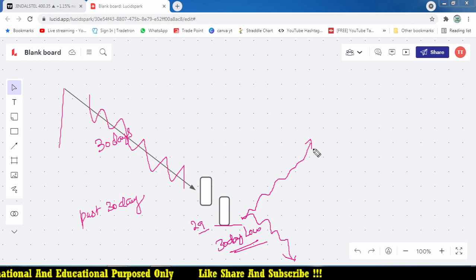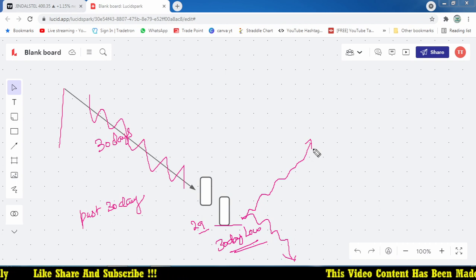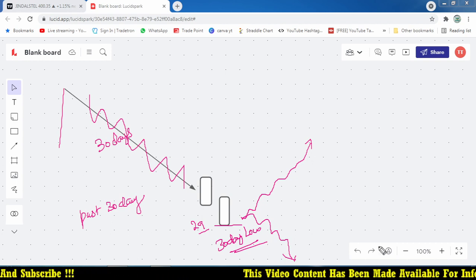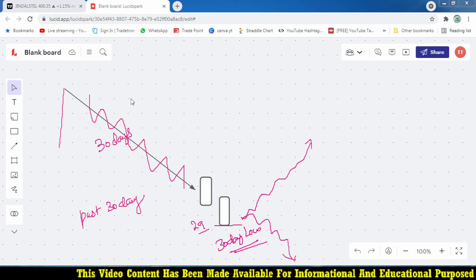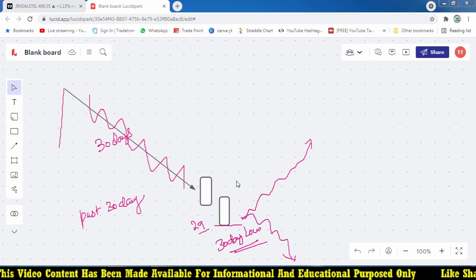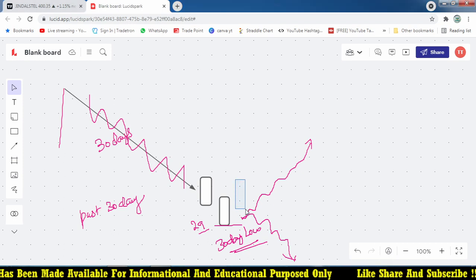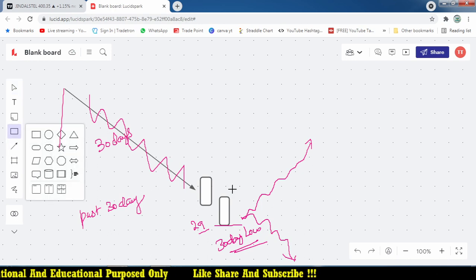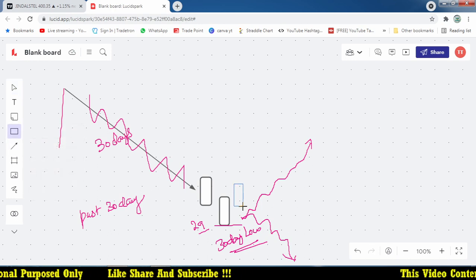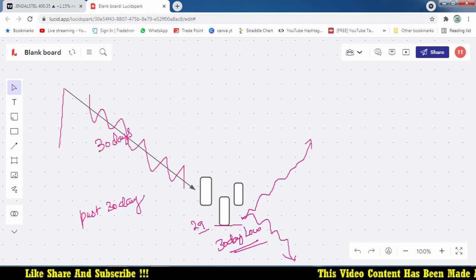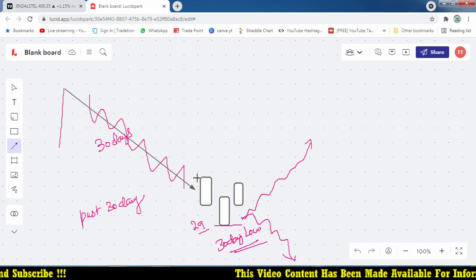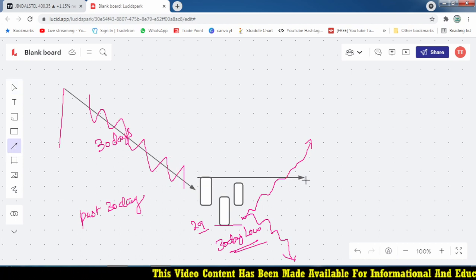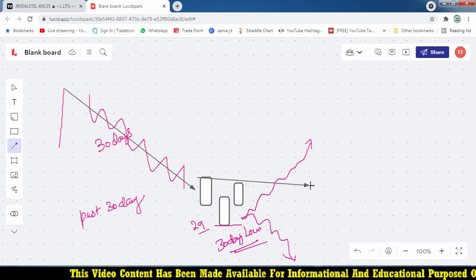How are we going to find that reversal? That is what we are discussing here, and how it is going to form a reversal setup. When on the next day, or 31st day, any candle forms like this, we are checking whether the stock has broken the 29th day highest level.